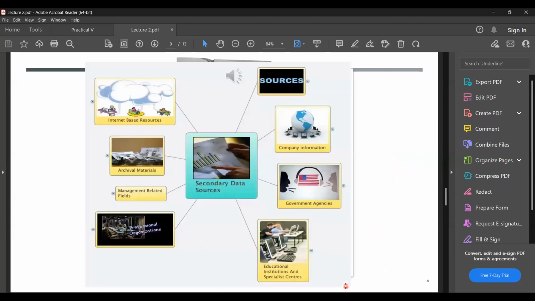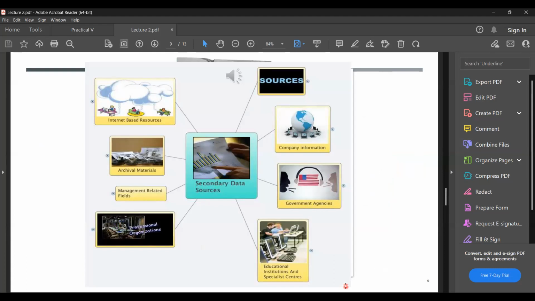So these are the methods of collecting secondary data. If you are using secondary data, you can use internet-based sources, right? Through the internet, you can download lots of data sets nowadays. Professional organizations, company information, government agencies like the Central Bank and the Department of Census and Statistics, right?